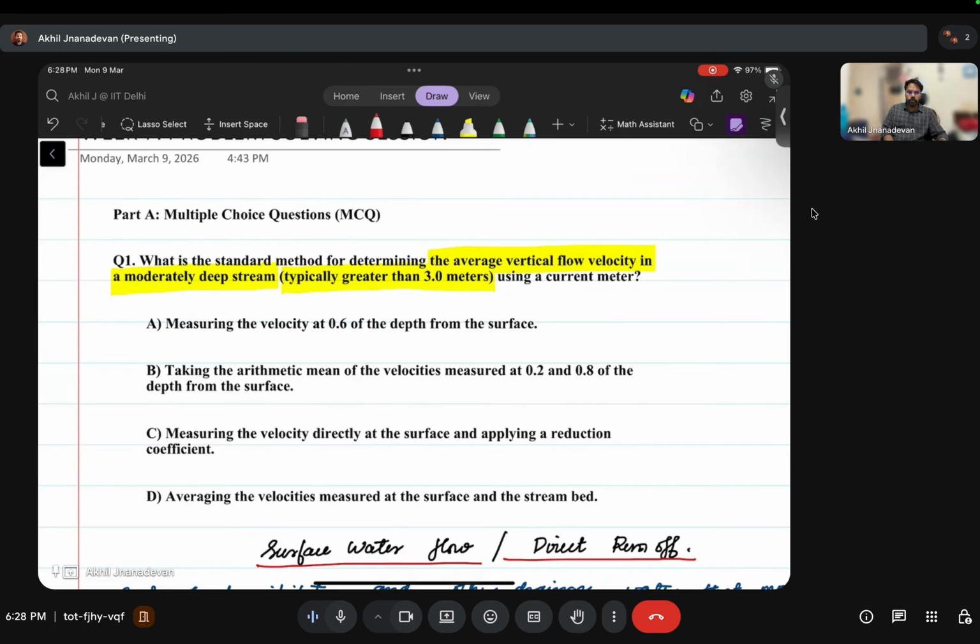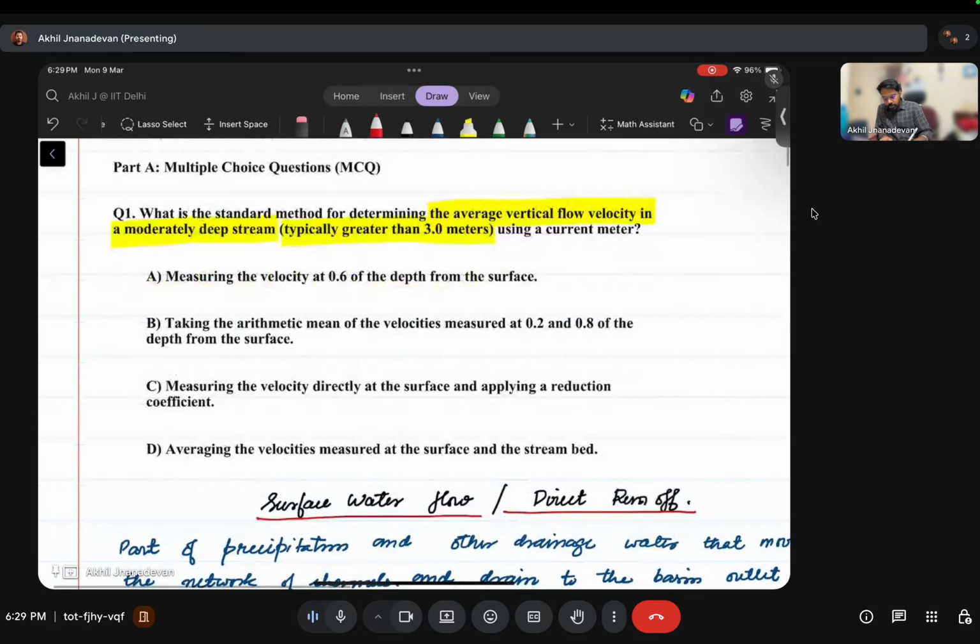It is not from the bottom. You have to make that clear, that if it is measured from the bottom, it will be different. The 0.6 times d means 0.6 into the total depth measured from the top or the surface.